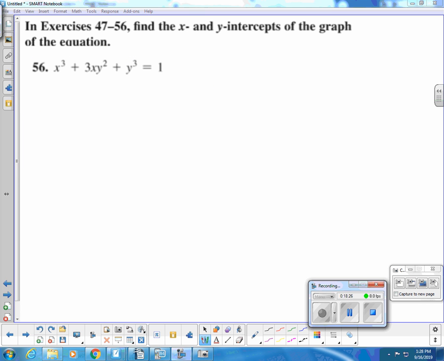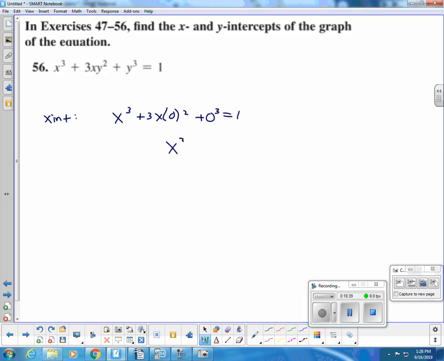Okay, to find the x-intercepts, I am plugging in a 0 for the y. So all the y things cancel, and we just have x equals 1. Because the cube root of 1 is still 1. To find the y-intercepts, we're going to do the reverse.